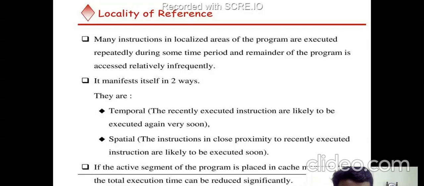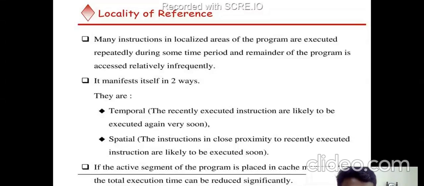Temporal, for example: assume you have a program with a for loop, for i equal to 0, i less than or equal to 4, i plus plus, and the for loop has a set of lines.